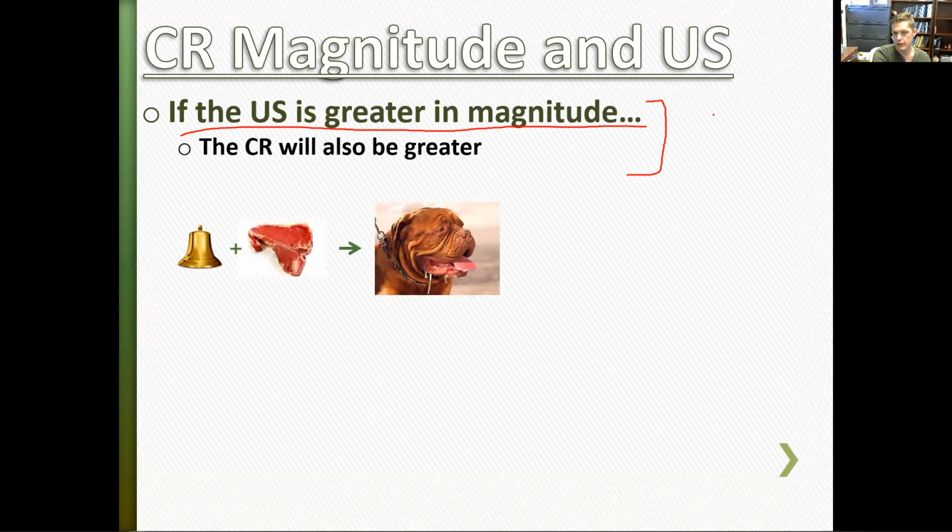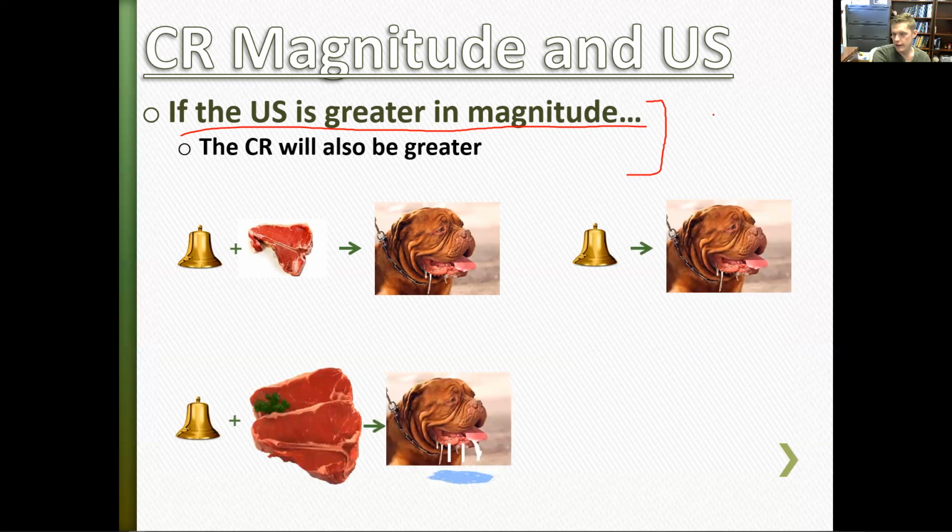For example, if you have one little piece of food and a big piece of food, a tiny piece of food produces a certain amount of salivation. If you have a greater magnitude unconditioned stimulus, you produce more unconditioned responding. Because of that, that same relationship will be inherited when you're doing classical conditioning.